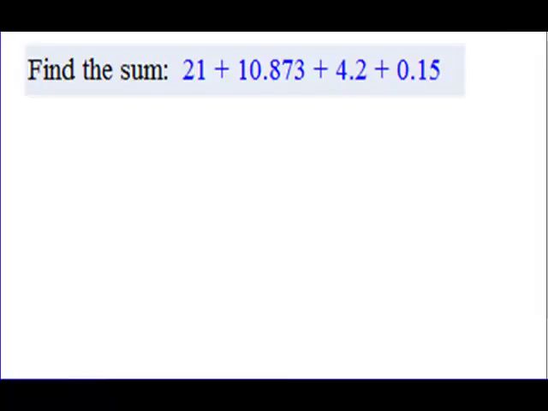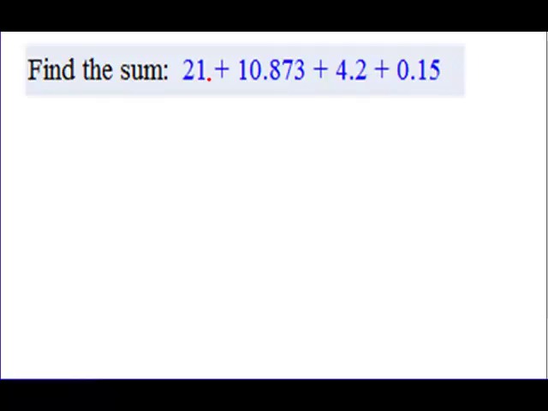Now, just like with adding whole numbers, you line up the decimal points, even though we didn't actually write the decimal points. When we're adding numbers with decimals, you line up the decimal points and fill in any placeholders with zeros. And keep in mind that for this first one, it's a whole number, the decimal point is right after the 1.